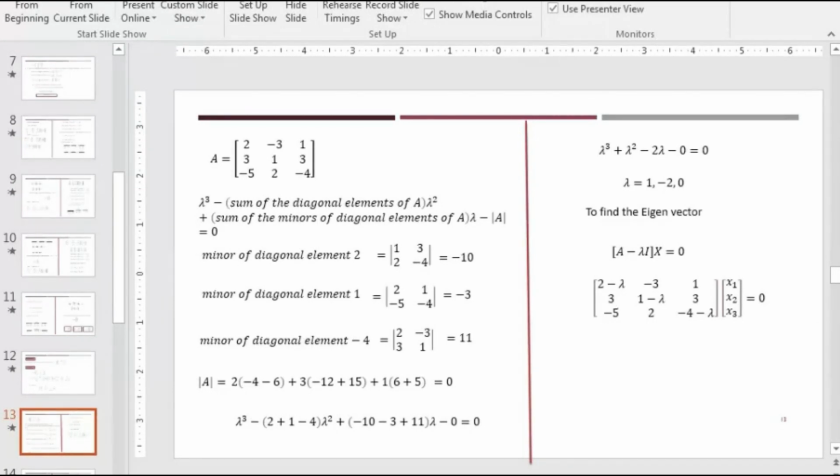One, minus 2. Hope all of you have written your attendance in the chat box. No doubts? Okay. Now we have repeated roots, how to find eigenvector. We have different types of eigenvalues and eigenvectors. We'll do that in the next lecture. If you have any doubt, you can ask. Otherwise, you can leave.